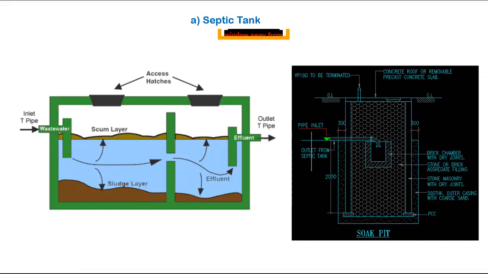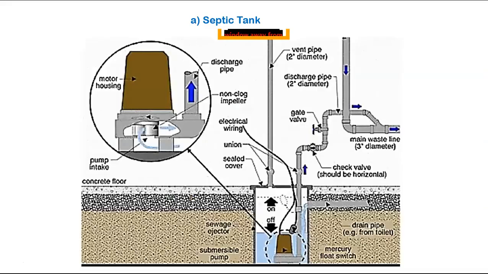Another method: what if you don't have a septic tank or any other drainage arrangement in your building or near your building, how are you going to dispose of the drainage water? By pumping only. You can't take the water by bucket or anything.